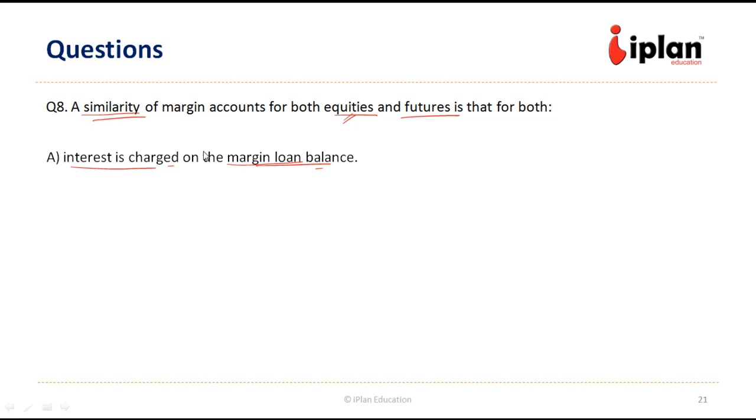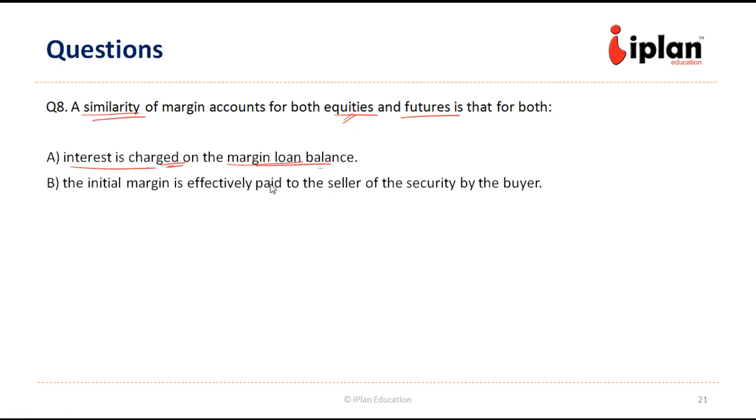Sorry, in the case of futures there is no loan. Then B says the initial margin is effectively paid to the seller of the security by the buyer. As we know, in the case of futures, no margin is paid to the seller. Even the seller has to pay the margin to the clearing house. So this is not a similarity again.